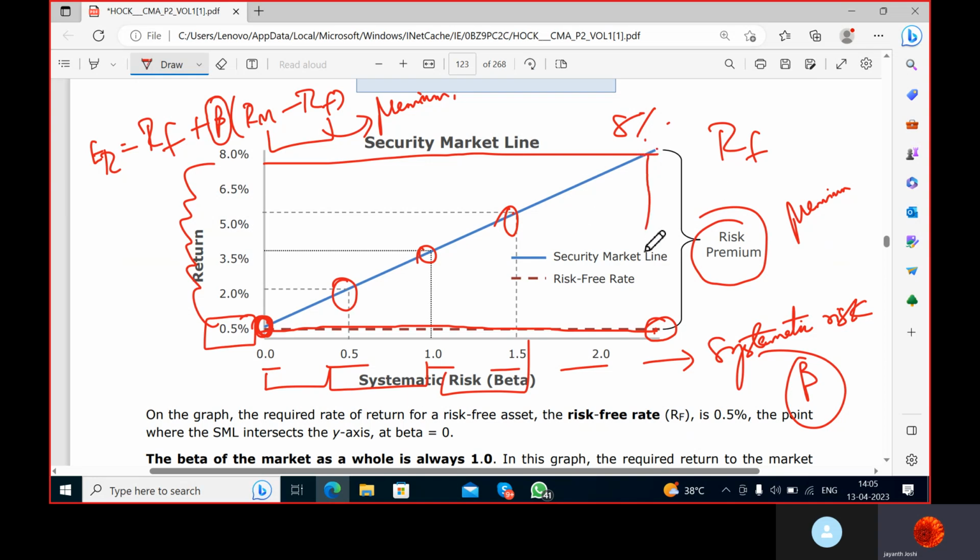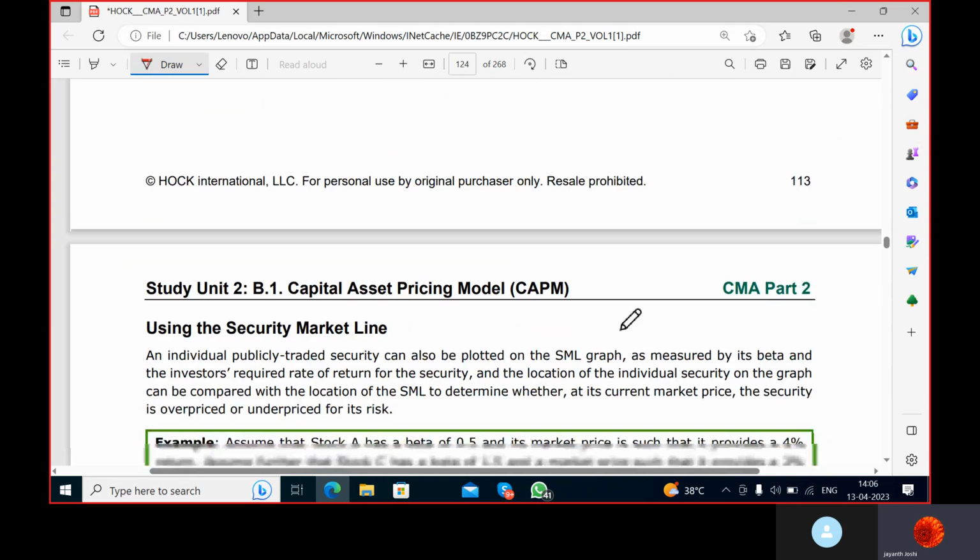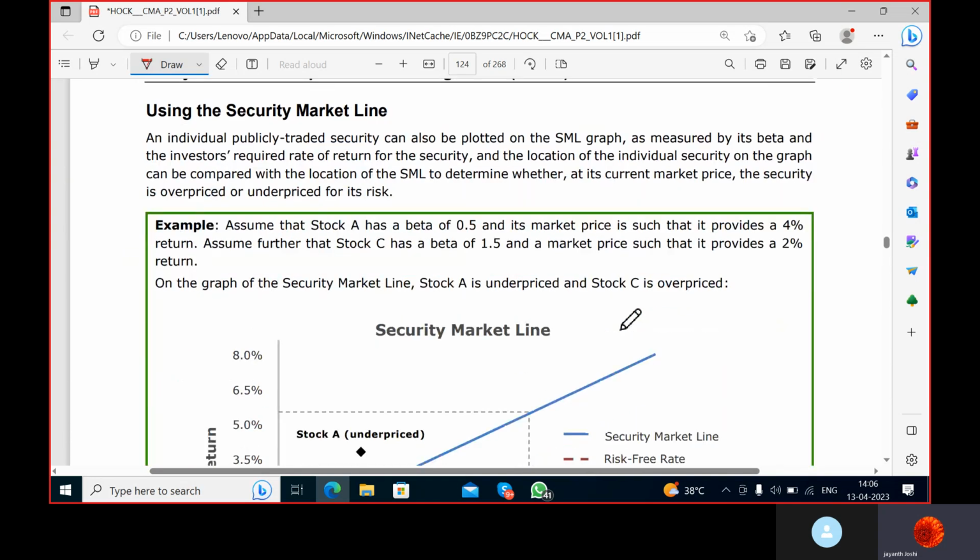The highest difference is seen here, the next highest difference is seen here, but all are called risk premiums. Why? Because at this risk, the premium was this difference; at this risk, the premium was this entire area. That is what it is all about, and then we can go for the next topic.